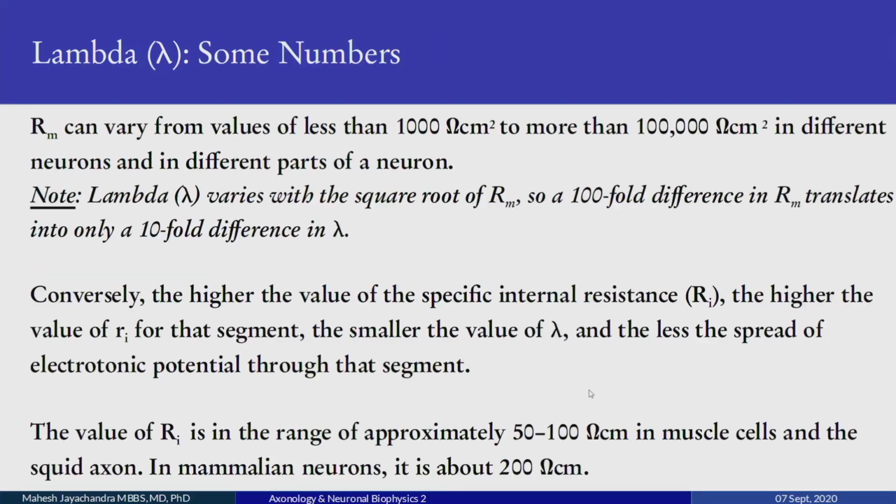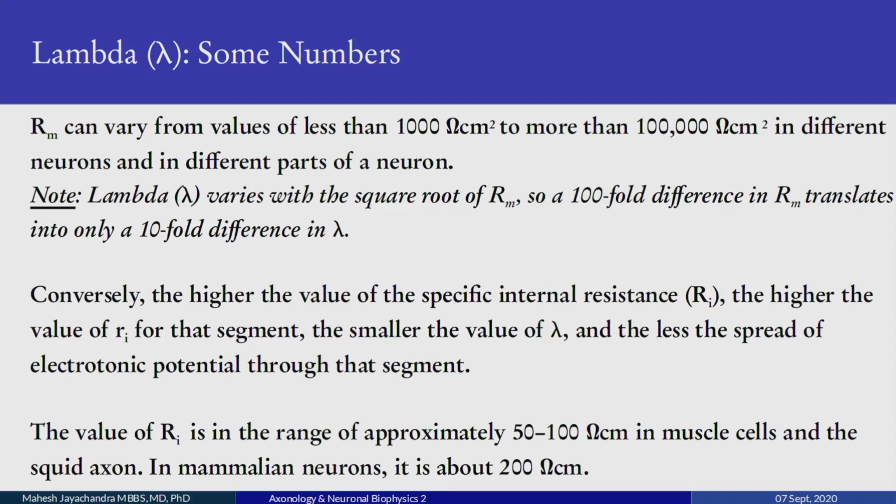Okay, so Rm, some numbers. Rm can vary in values from less than 1k ohm per square centimeter to more than 100,000 ohms per square centimeter in different neurons and different parts of a neuron.